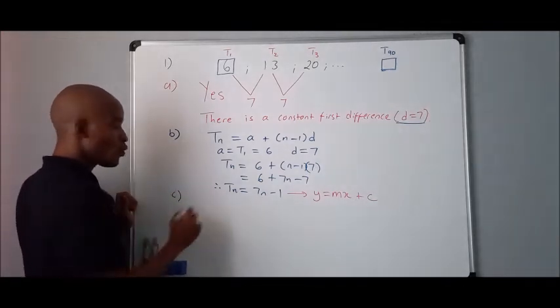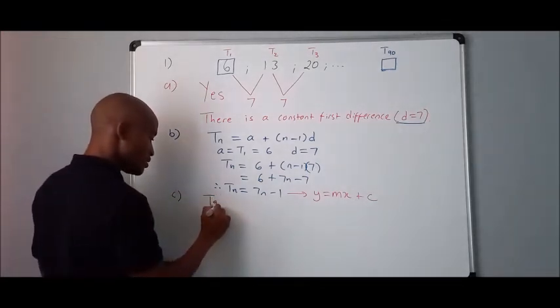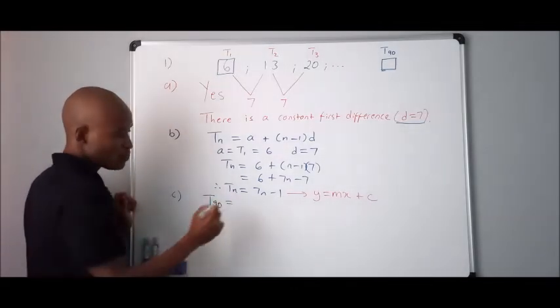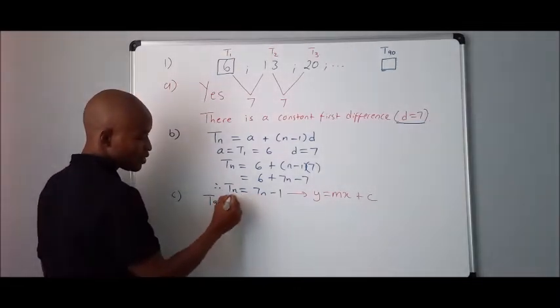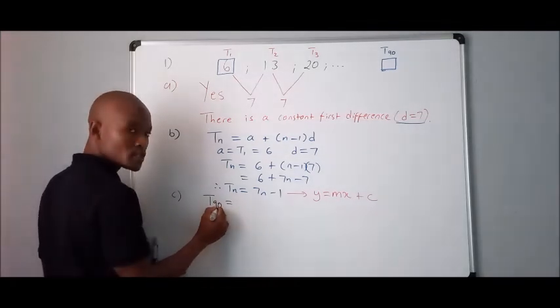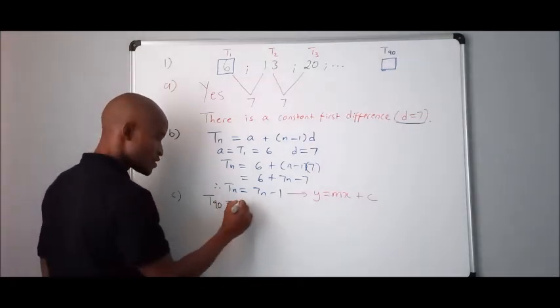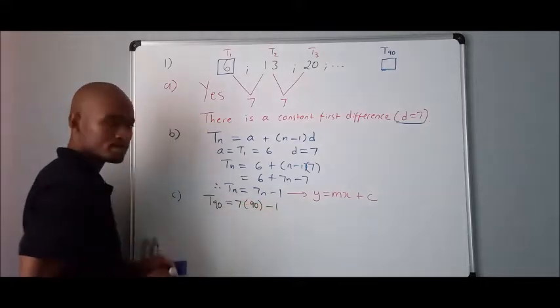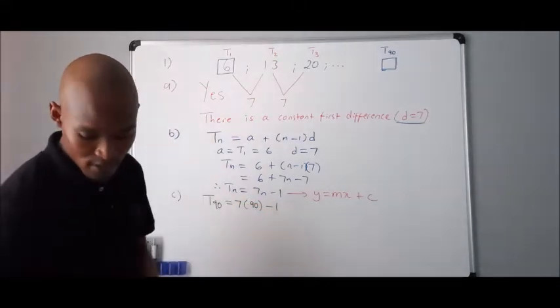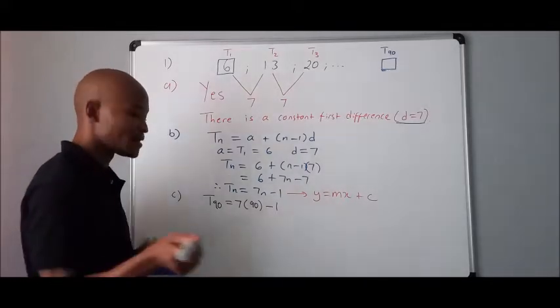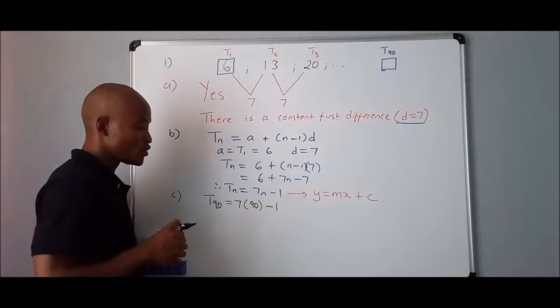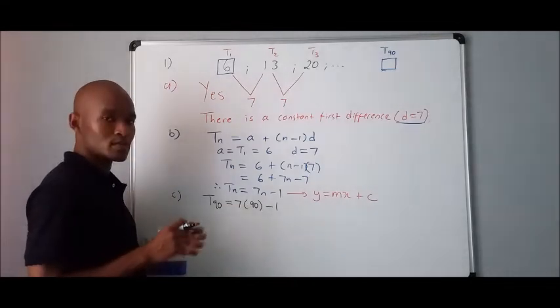C, we have T90 will be equal to, in other words, in place of n, we are now substituting 90. So we have 7 times 90 minus 1. Now run through your multiples or do this on your calculator.